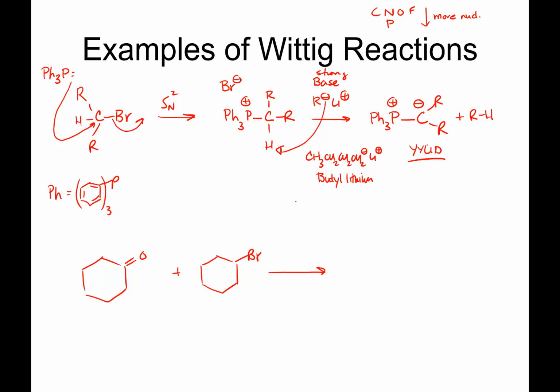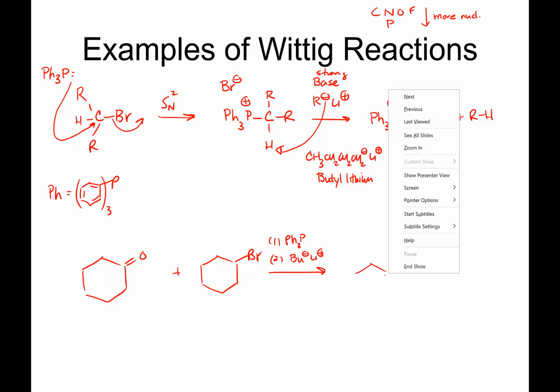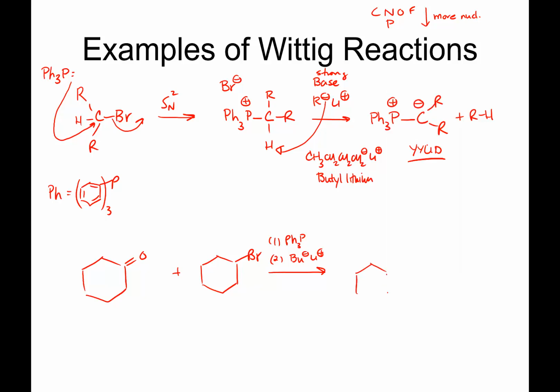I'm going to treat this with, number one, triphenylphosphine. Number two, I'm going to treat it with butyl lithium. And then that molecule is going to couple together so that what I end up doing is replacing this oxygen with this entire alkyl group.